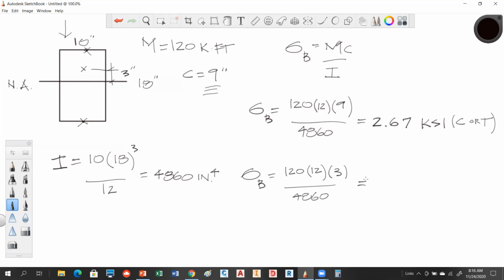So if we take 120 times 12 times 3 divided by 4860, it looks like it's about 0.89 KSI. All right. Is that what you guys are getting?